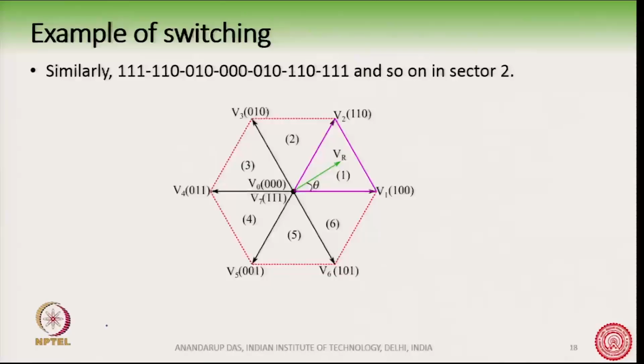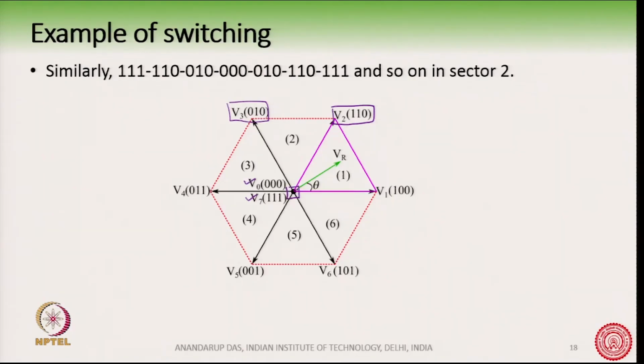Similarly, it will be possible that for the second sector we will use this one, this one, this one and again this. So, V0, V0. So, the switching will be 111, 110, 111 and then 110, 010 and 000, again 000, 010, 110 and 111.